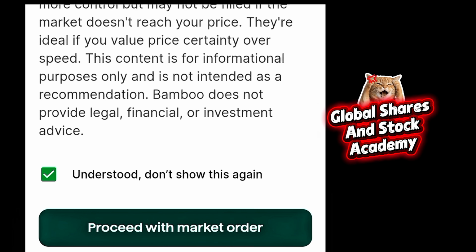If by the time we click on buy now, the market has increased, it might increase to 105 naira or 110 naira. Then it is that price that the market is at when we click on buy that our stock will be on. I don't know if you understand it. The price of the stock at the actual time that you are placing that order is the price you will be paying.